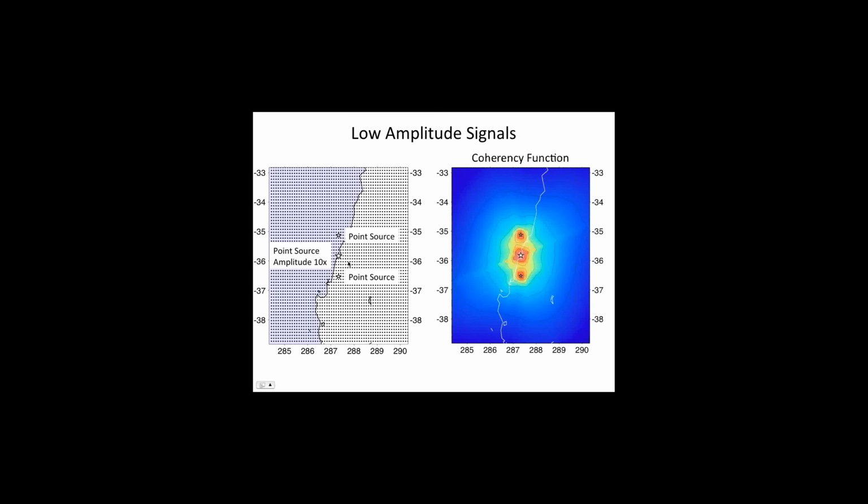We now image all 3 point sources, with approximately the same amplitude. So using the coherency function, you can better constrain the spatial and temporal distribution of energy release. However, you have no amplitude information, so if you're interested in that aspect of the rupture, you want to go back to linear stacking.